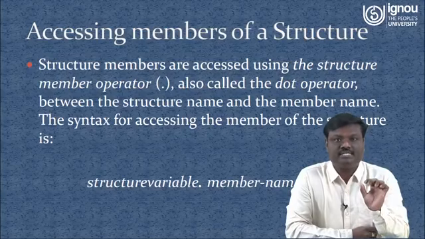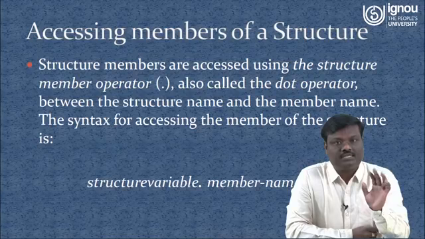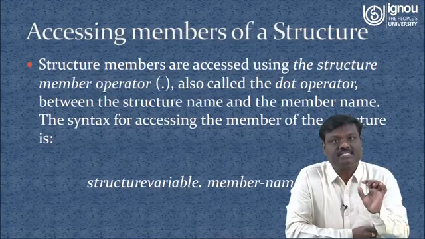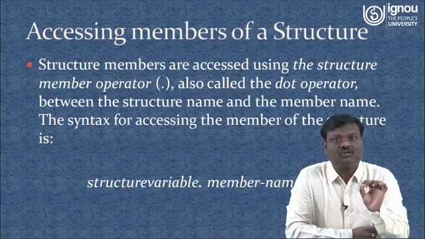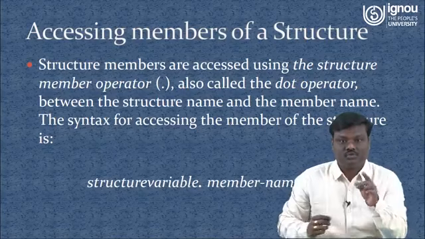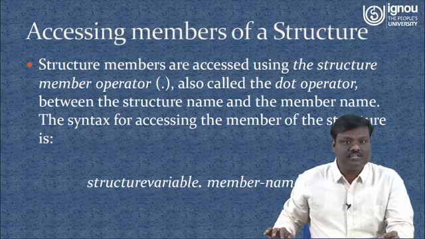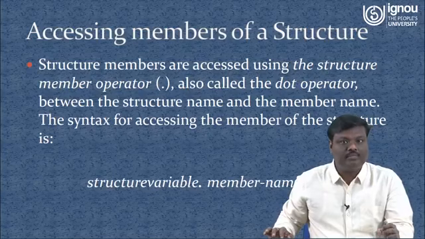Suppose student is there and inside there is a member called roll number. If a variable is declared as stud1, then stud1 dot roll number, stud2 dot roll number. Likewise, you have to access the members. Here you can see the syntax given at the end: structure variable dot member name.